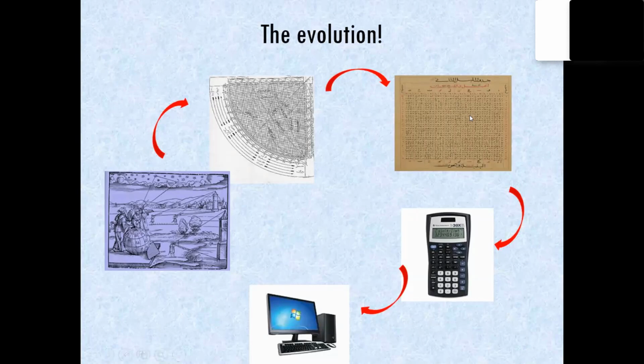From the astronomical table, or in Arabic we call it jadwal or zij, we produce calendars and prayer times. Then in the next development, people started to use the scientific calculator, and the calculation became faster and easier. And nowadays we use computers to make the calculation fast, and a lot of data can be produced.